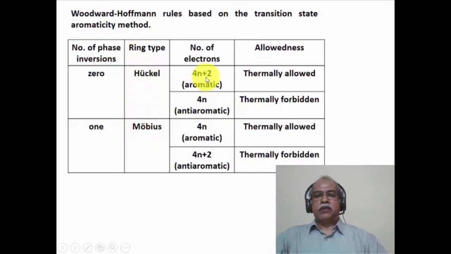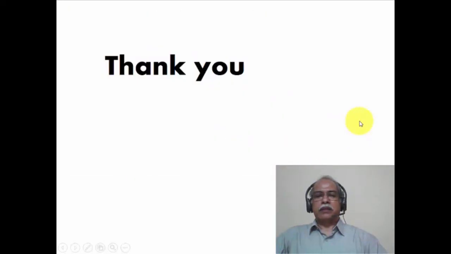And if it is Huckel, then 4n plus 2 would be an aromatic transition state that will be thermally allowed. If it is a 4n electron system, it is an anti-aromatic state, and it is thermally forbidden. And if it is a Mobius system, 4n will be aromatic and thermally allowed, and 4n plus 2 will be anti-aromatic, and thermally forbidden. This is essentially talking about the ground state electronic configuration, because we are talking about the thermal allowedness or disallowedness of the process being considered.